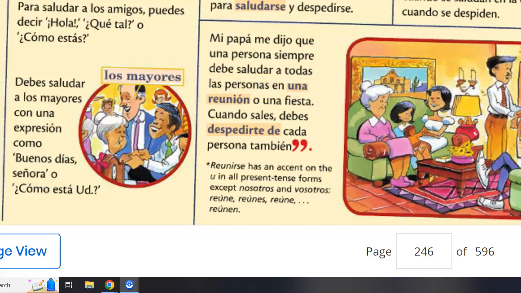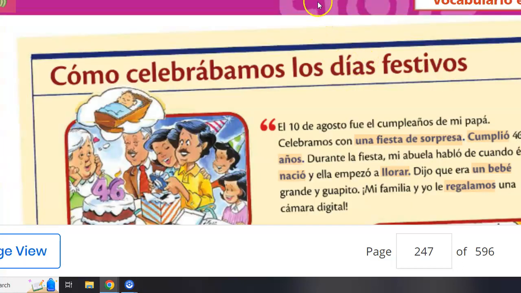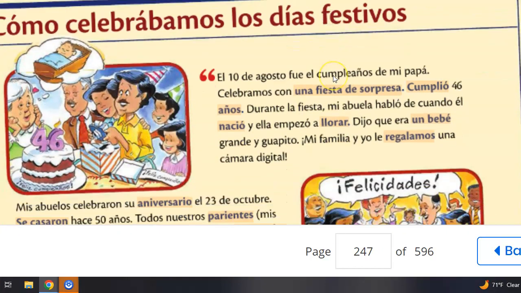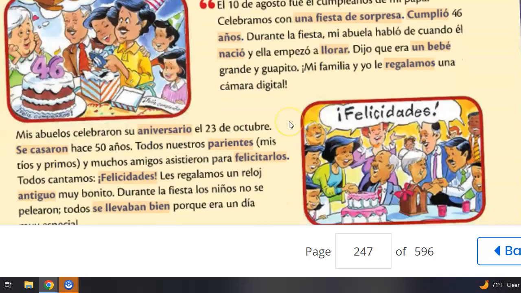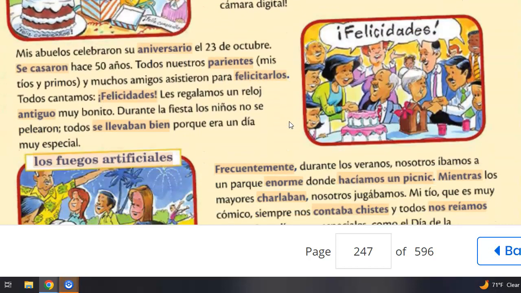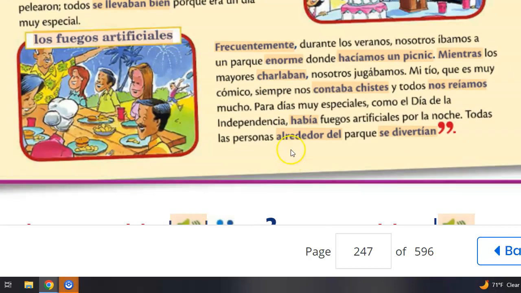So taking a look at that key vocabulary on page 212 and then also on 213. Some special occasions, and then how we celebrate those special occasions. So key vocab is highlighted there in beige, in bold.